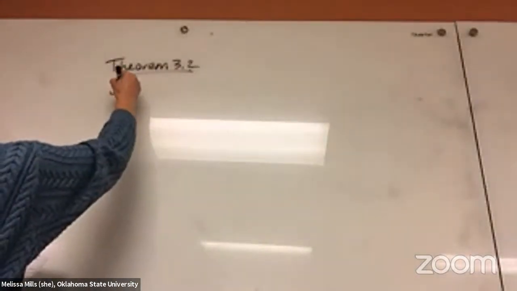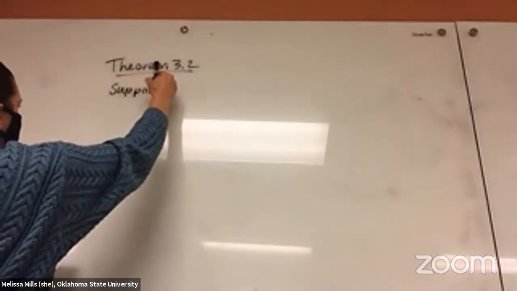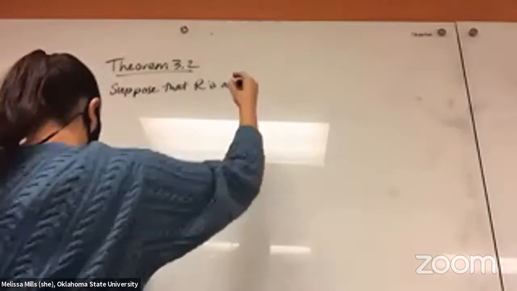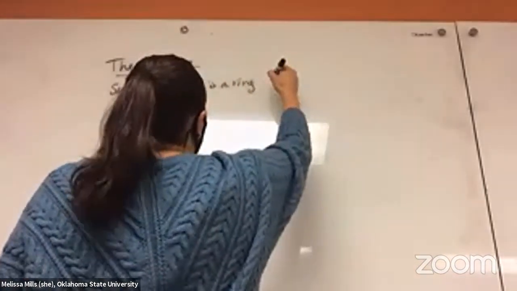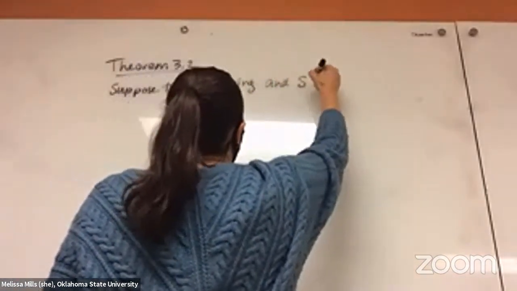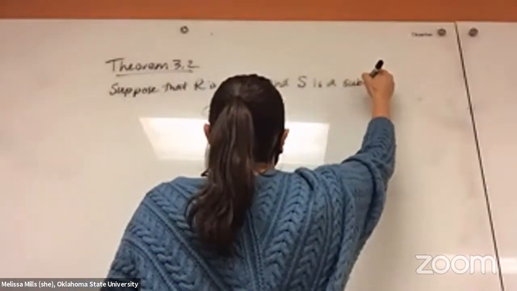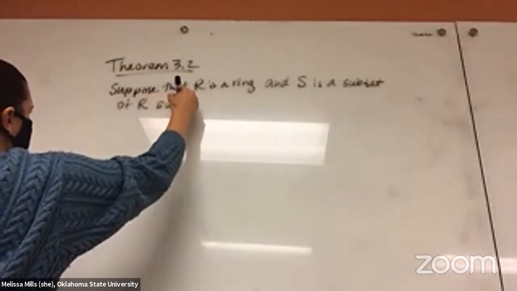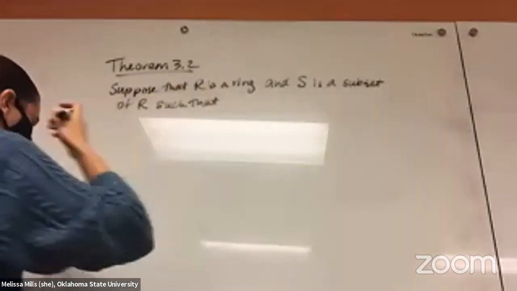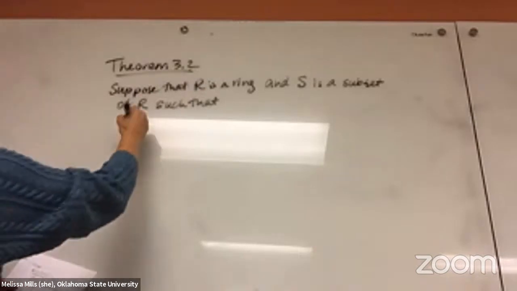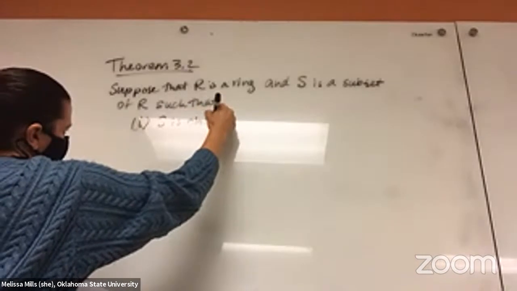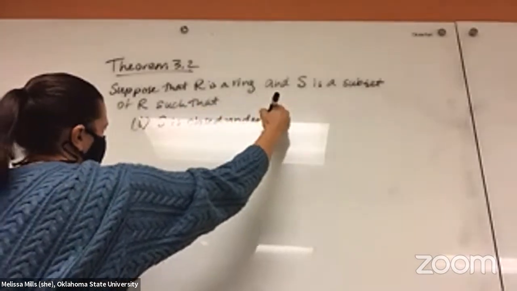So, suppose that R is a ring and S is a subset of R such that we have these conditions. First, S is closed under addition.